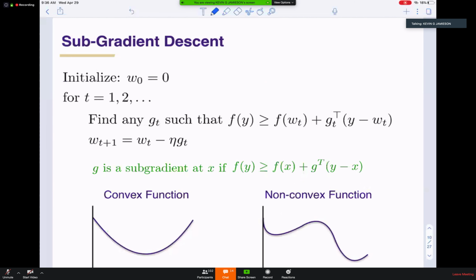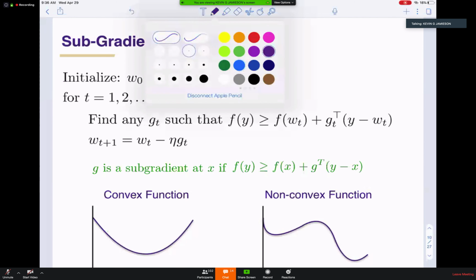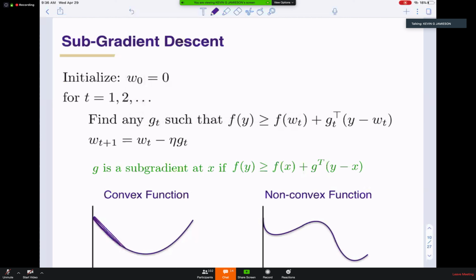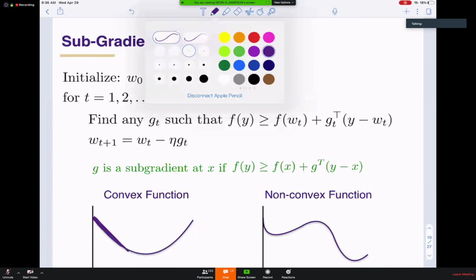One thing I wanted to mention, though, was subgradient descent. Jamie mentioned this last time, but I just wanted to go over it again.